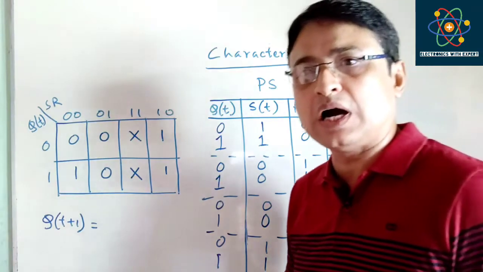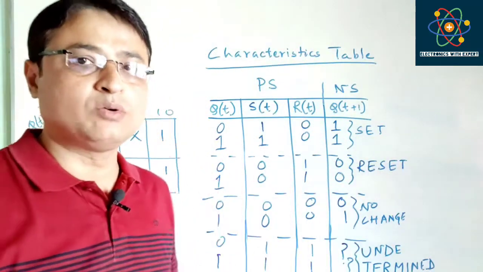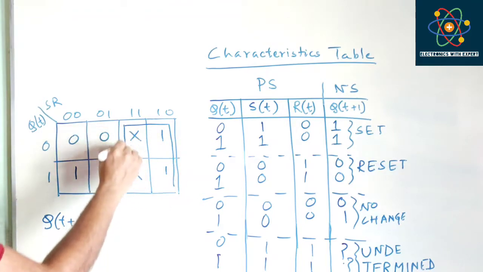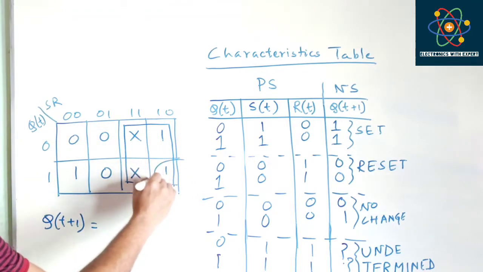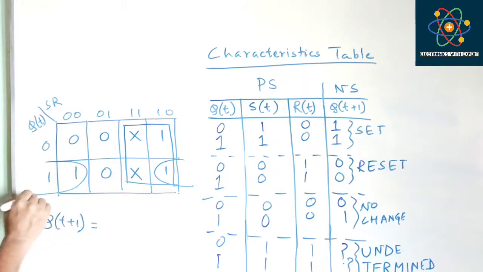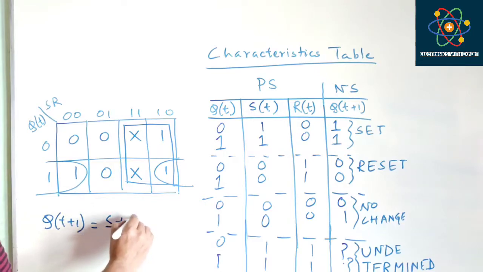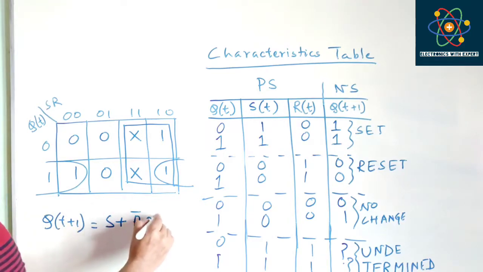Now from the Karnaugh map simplification, what we can get is that this is actually a quad, and this one with this one makes a dual. So Qt plus 1 will be equal to S or R bar Qt, or simply R bar Q.